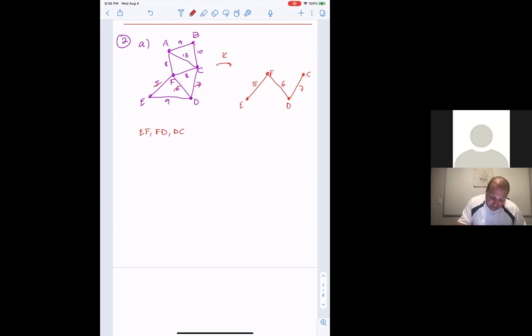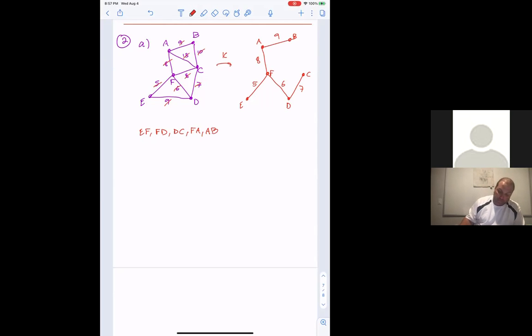One of them will form a cycle, so I'll have to do the other one, which is this one, FA. I can't use that 8. That forms a cycle. AB. And then this forms a cycle, and that forms a cycle. So I'm done. Minimal spanning tree, A, B, C, D, E, F.